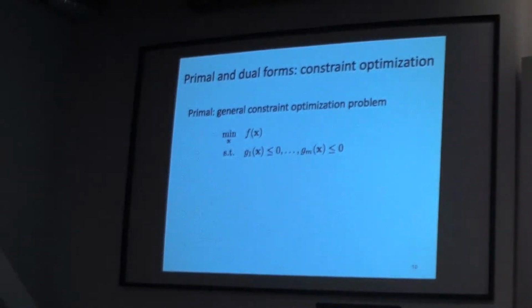I believe everyone has learned how to optimize a function with equality constraints. Anyone still remember how to do that? Suppose all my constraints are just equalities, like g1(x) must be 0, g2(x) must be 0, and so on. If you have such equality constraints, how would you solve that?